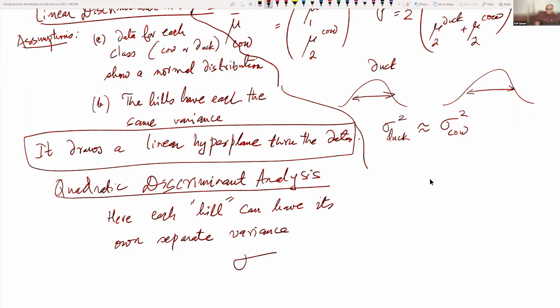That is, sigma of duck is not equal to the variance of the cow.